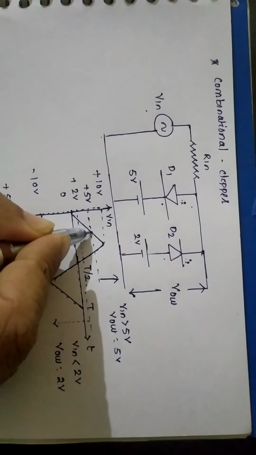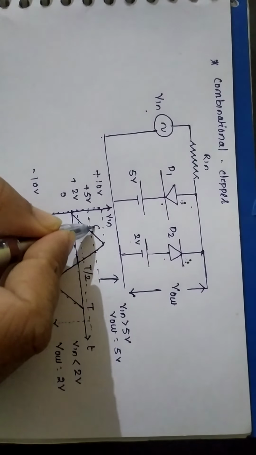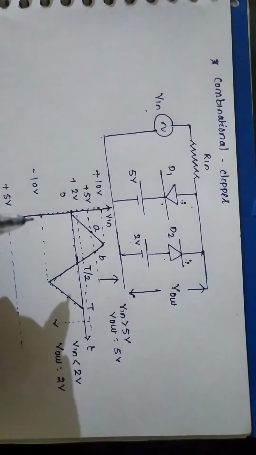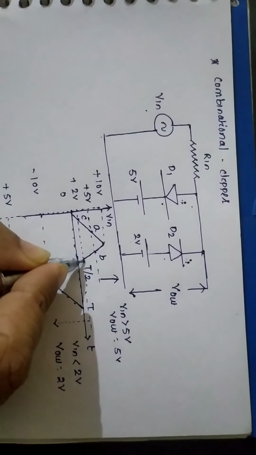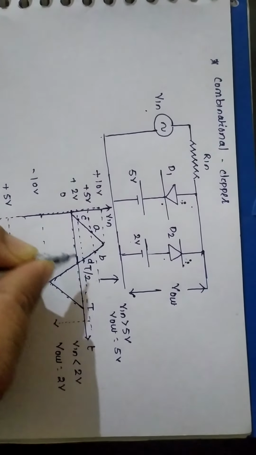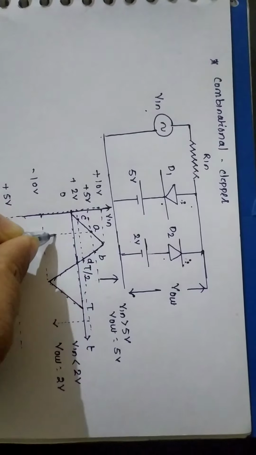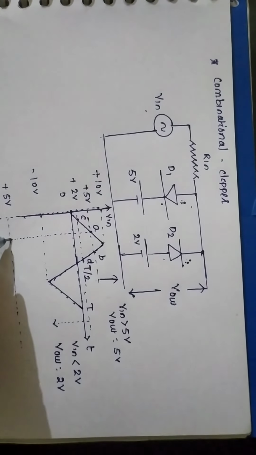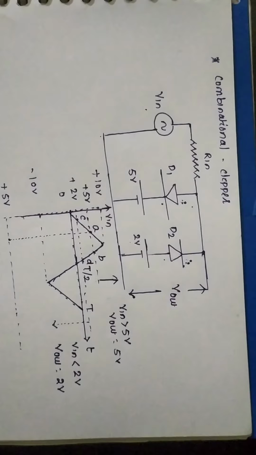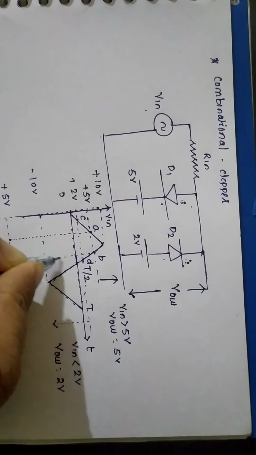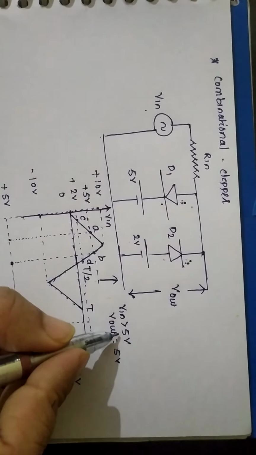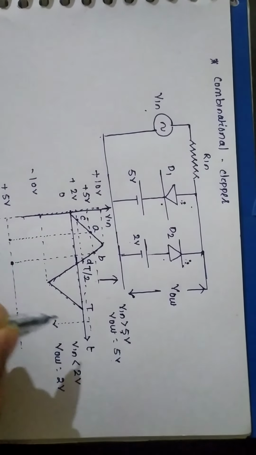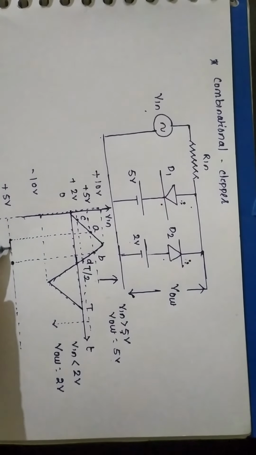And you mark here point A and B. Here you mark this point as C. Draw a vertical line from this point to the point where it is going to intersect this plus 5 volt. The same from point B also. So once your input is greater than 5 volt, the output is 5 volt. It means from here to here the output is equal to 5 volt.